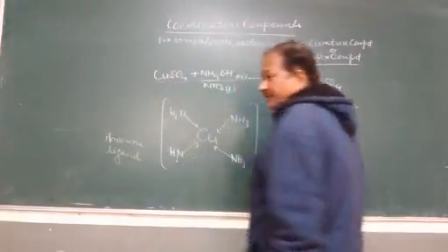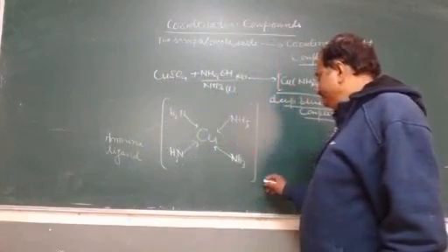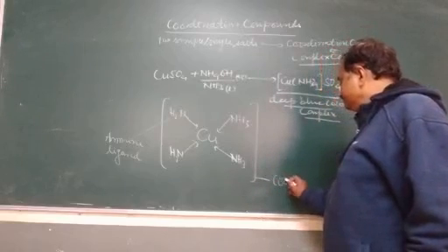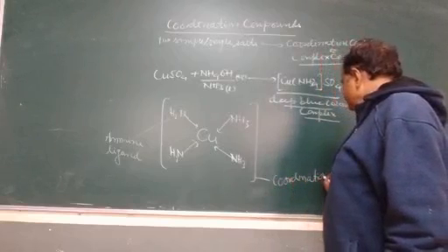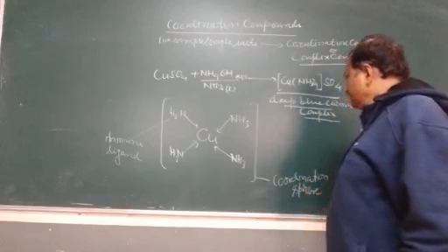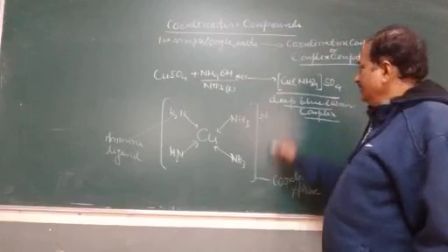This copper is the central metal ion, central metal atom, and this square bracket is the coordination sphere. The coordination sphere has some charge, like this.